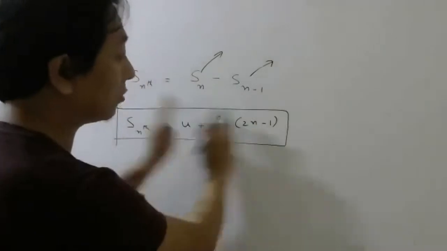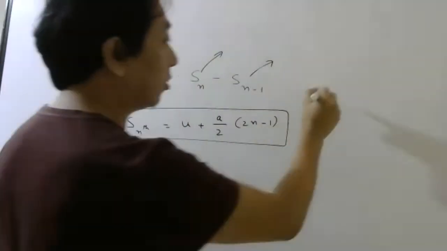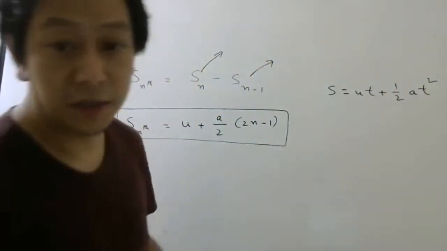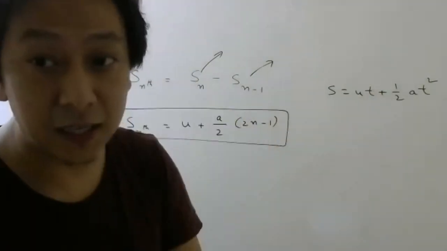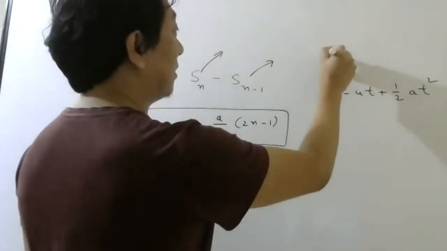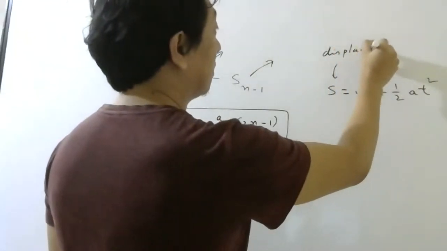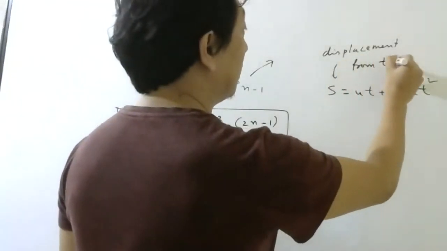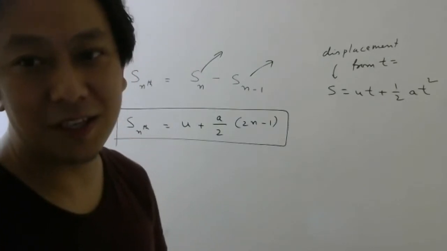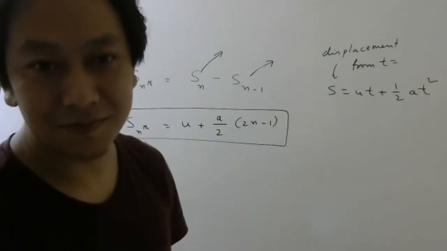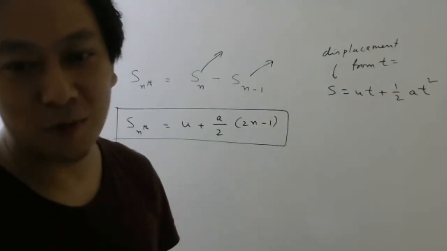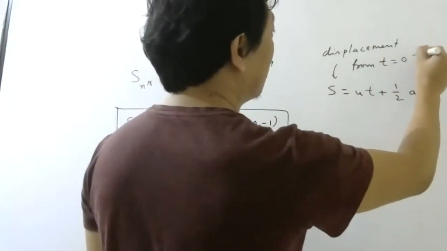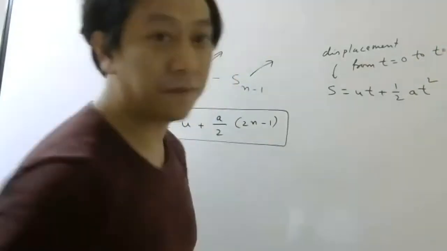Otherwise, if you don't want to use this formula, no problem. Use our old formula. What was the old formula? s equal to ut plus half at square. This is the formula for what? Displacement in t seconds. That means from t equal to 0 to t equal to t.